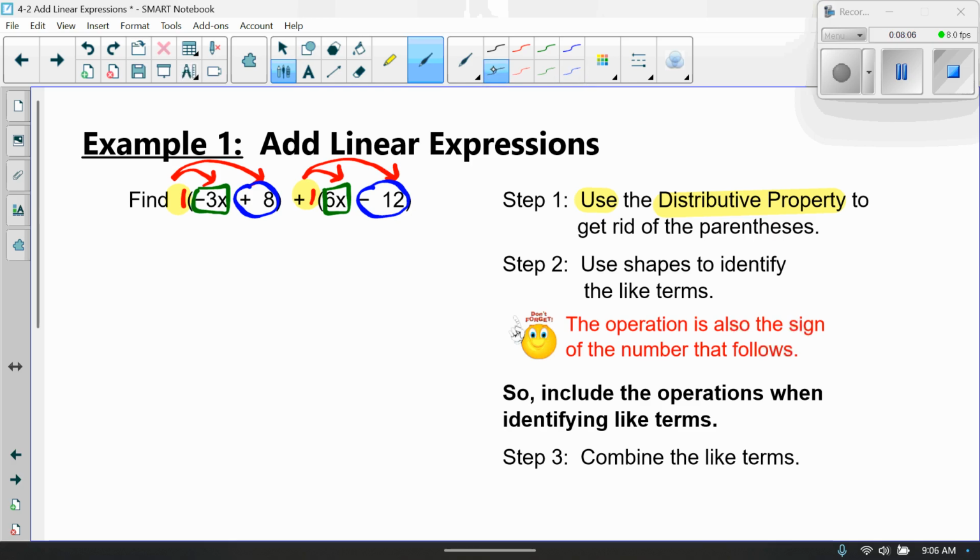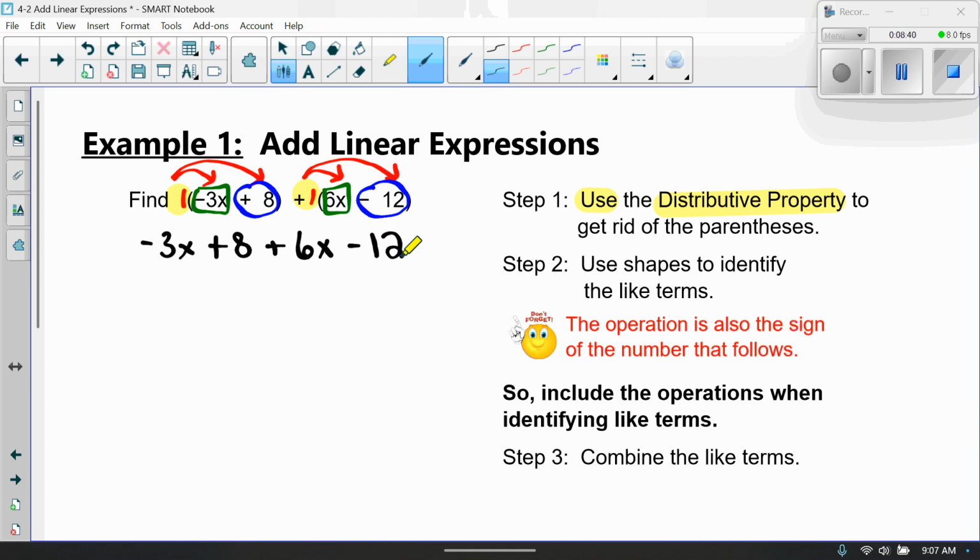So 1 times negative 3x, of course, is negative 3x. 1 times positive 8 is positive 8. And now our parentheses are gone. Now we have positive 1 times positive 6x. That's a positive 6x. And then positive 1 times a negative 12 is a negative 12. And now parentheses are gone. Step 1 done.